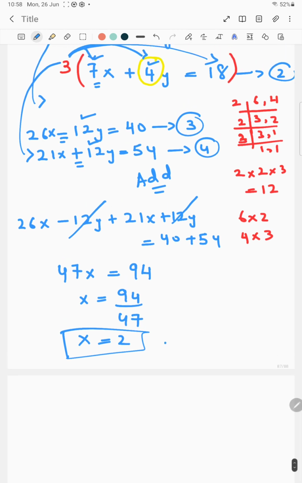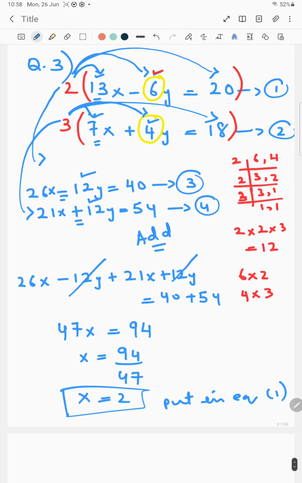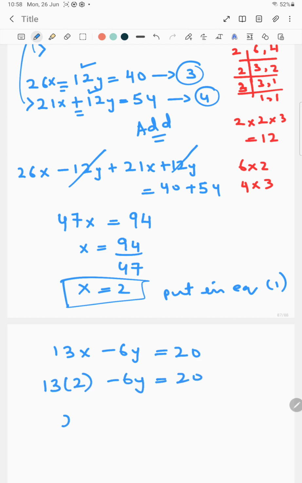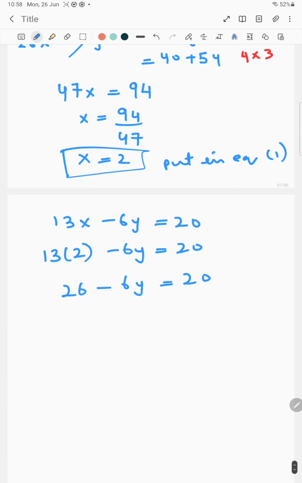So I am putting it in equation number 1 for finding the value of y. If you remember, the first equation was 13x minus 6y is equal to 20. Now the value of x is 2, so we have to put it. 13 times 2 minus 6y is equal to 20. 13 times 2 is 26. 26 minus 6y is equal to 20.